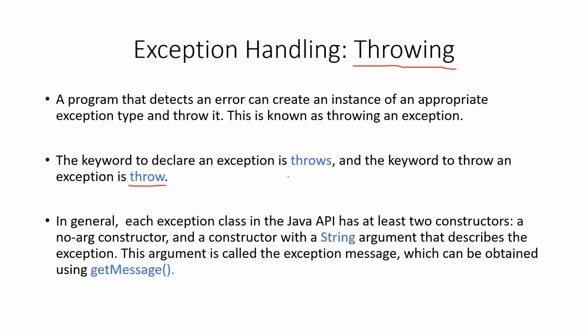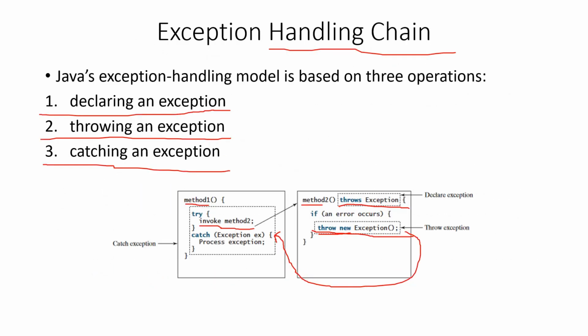So guys, don't be confused by throws and throw. Throws is necessary to declare the exception, and throw is to actually throw the exception. Here we have the declaration of the exception, and here we are throwing the exception. Here we use the keyword throws, and here we use the keyword throw.